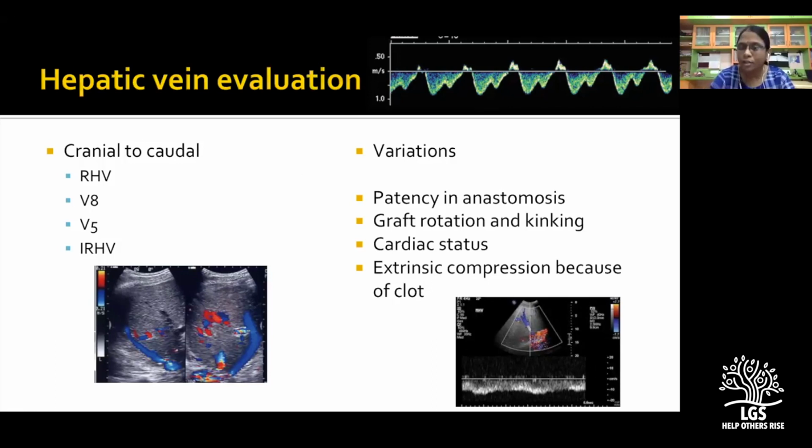It could be because of a focal hepatic vein thrombus, or an extrinsic compression by a clot, or anastomotic edema, or kinking. In case of a donor graft, rotation causes a kinking and it gives a monophasic waveform in the hepatic veins, and also altered cardiac status can give this sort of a monophasic waveform.